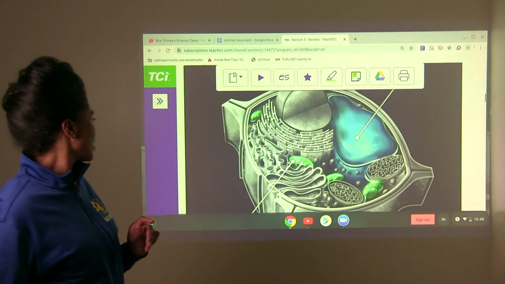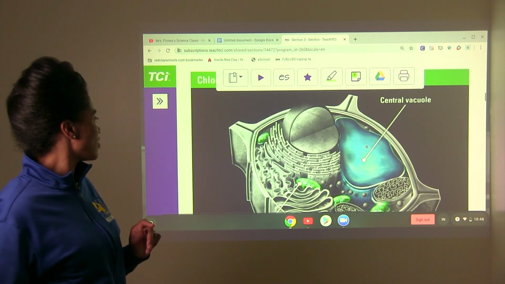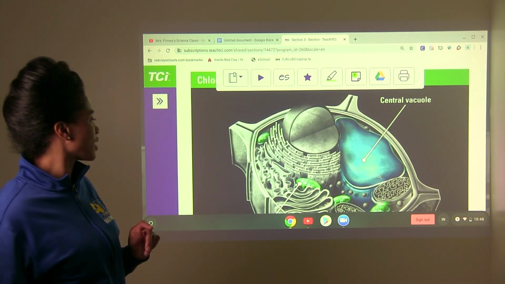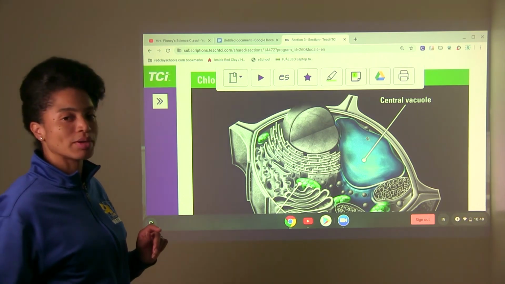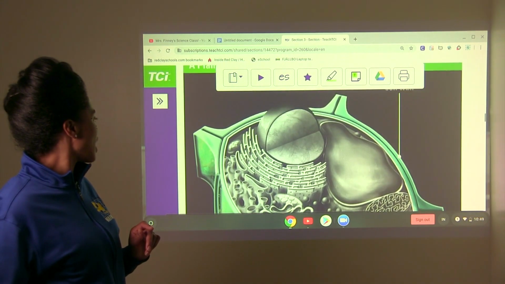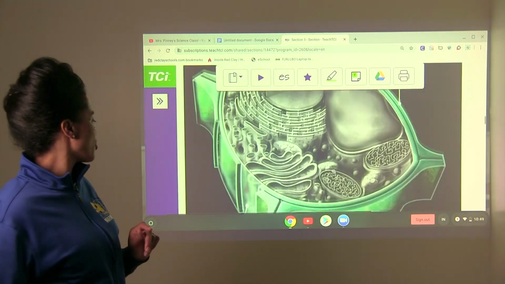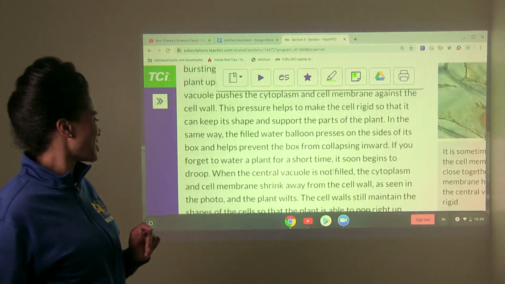And here's what they look like. Chloroplasts will be represented by these green structures. And then we have the central vacuole here looking like a huge swimming pool, right? And then cell wall outside of the what? Cell membrane. Good job.